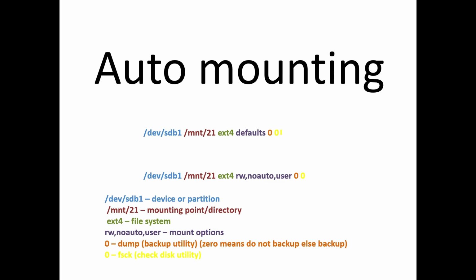So in the long run, you don't need to do this anymore because the disk checking will be done upon boot up. Once again, you just need to change the yellow 0 into 1 so that it will be automatically checked upon boot up of the Linux system.